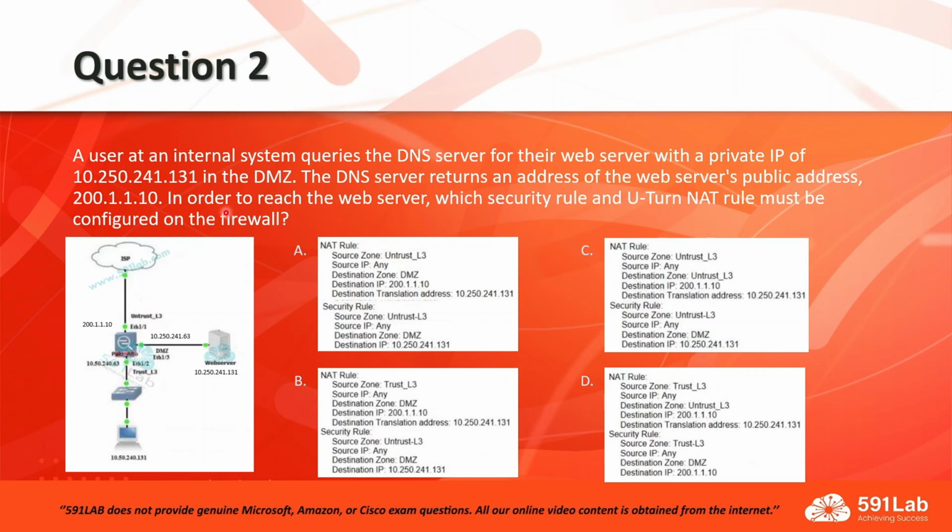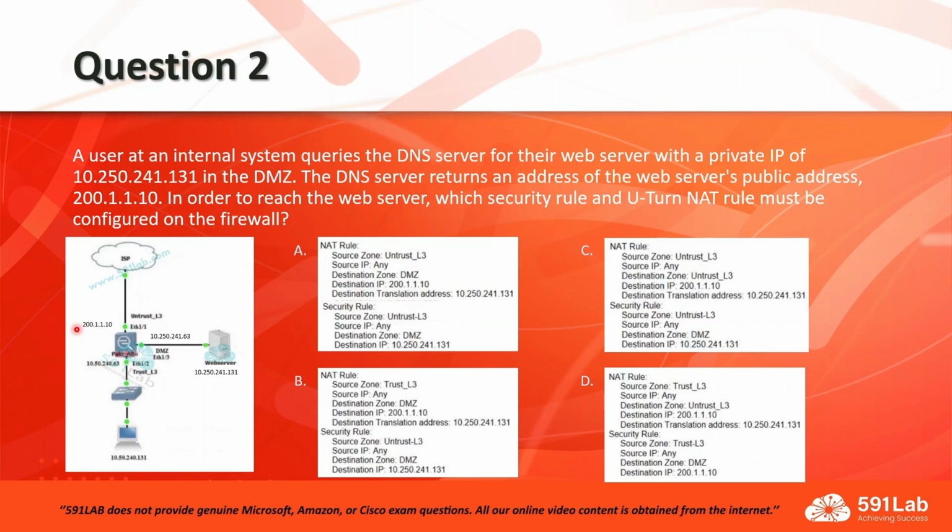The diagram for this question is as follows. We have this trust zone, layer 3, with the client IP address 10.50.240.131, and the Palo Alto has the DMZ zone where the web server sits, and the untrust L3 zone with the IP address as follows.